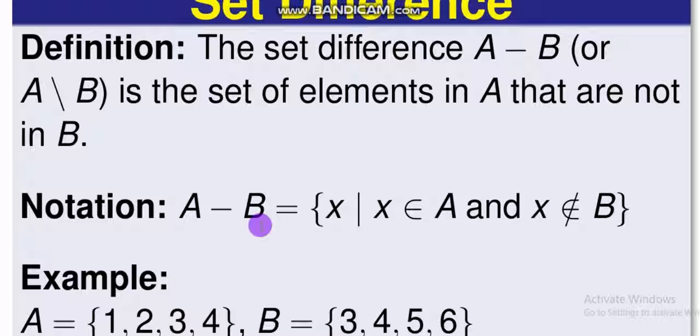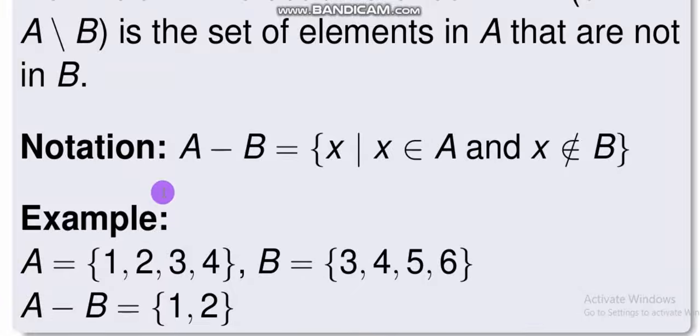A minus B is a set of all x such that x belongs to A, meaning x is an element of A, and x is not an element in B. And that is the definition we gave here, right? Is the set of elements in A that are not in B. So it means our x here is an element of A and is not an element of B. So in set builder notation, this is how it is written.